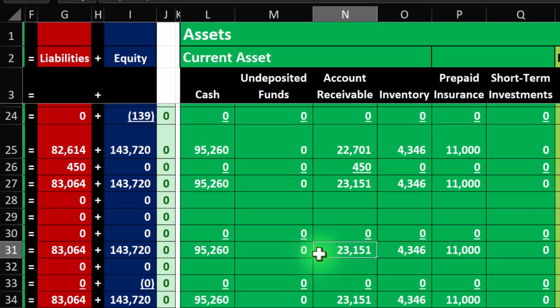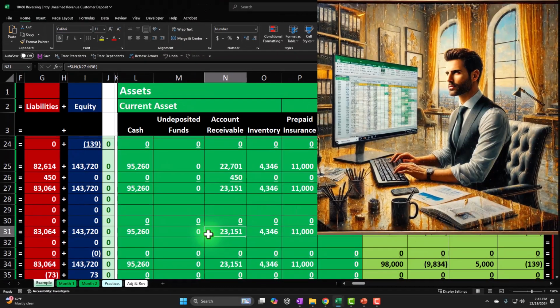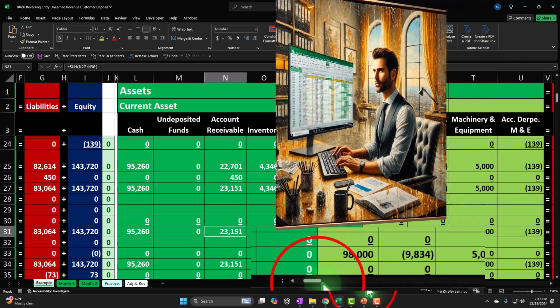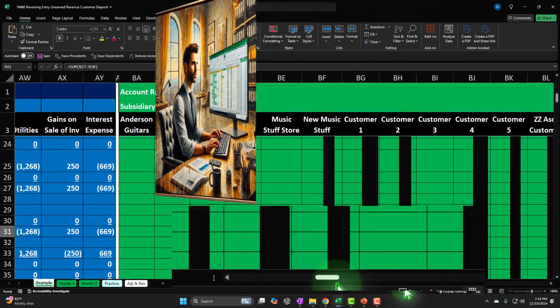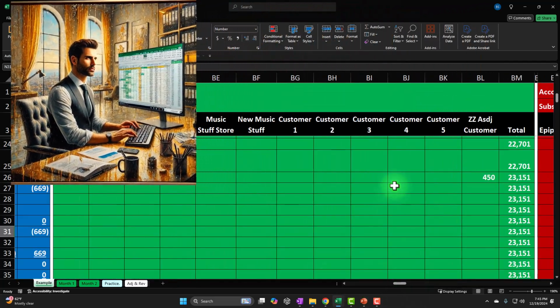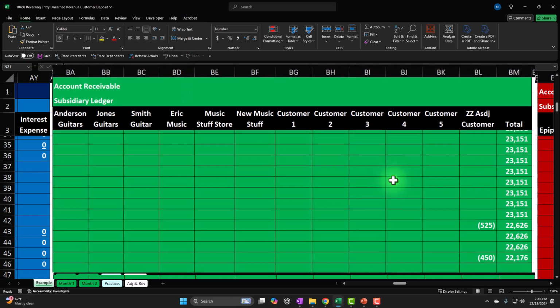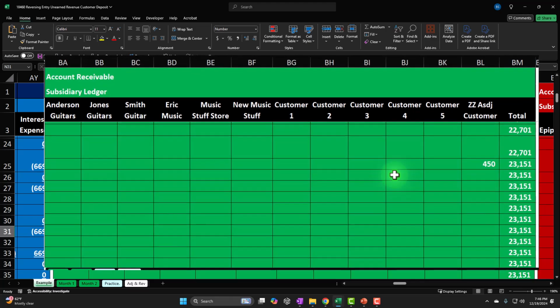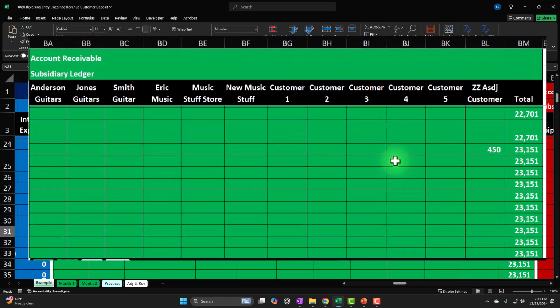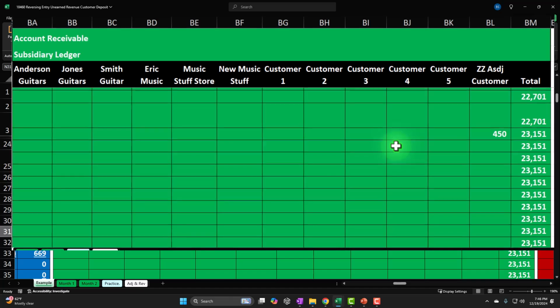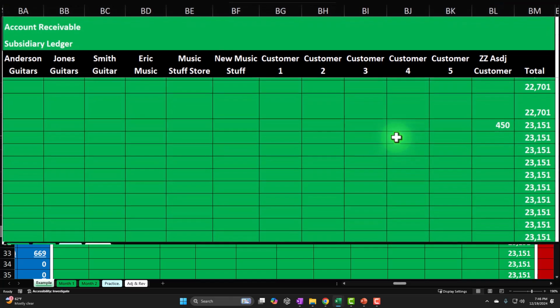Note, the total receivable isn't negative in the general ledger, but if I look at individual accounts over here in the subledger, I'll note that some of those individual accounts may have a negative balance. And that's because that would indicate that we owe them money, not they owe us money, which is the case because they prepaid us.